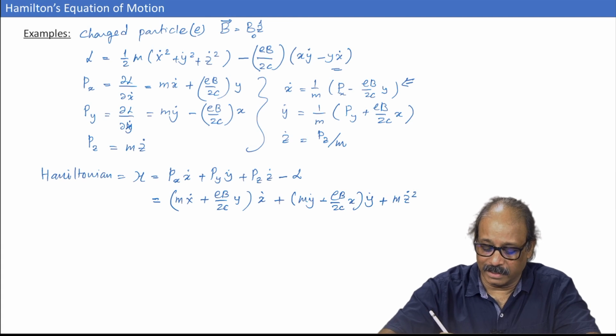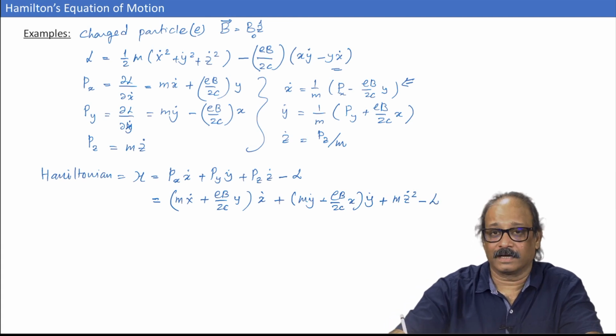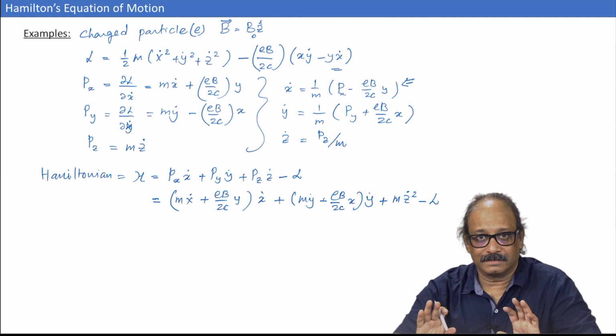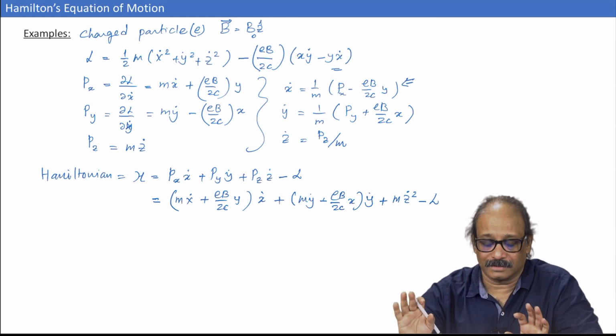So, m z dot square, and minus the original Lagrangian. Original Lagrangian is in terms of, remember, x dot, y dot and z dot.